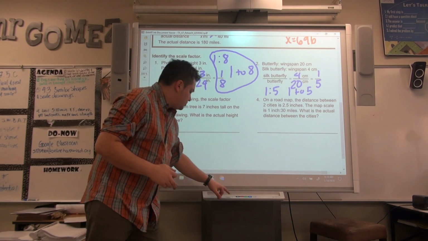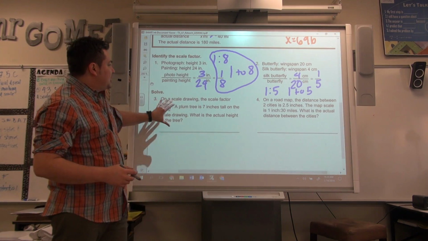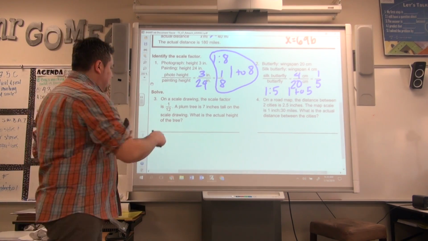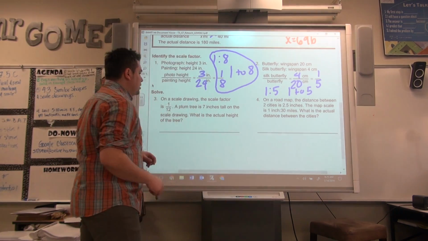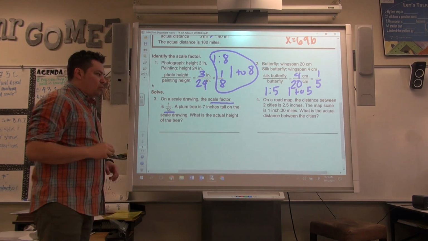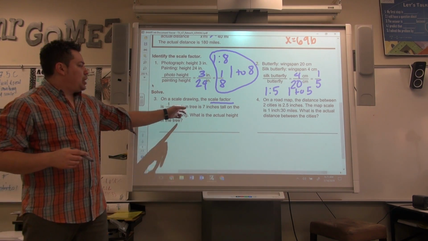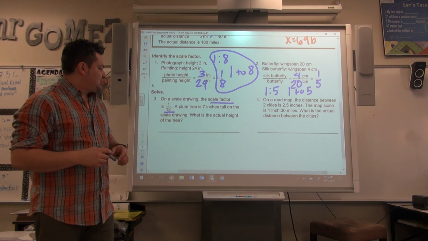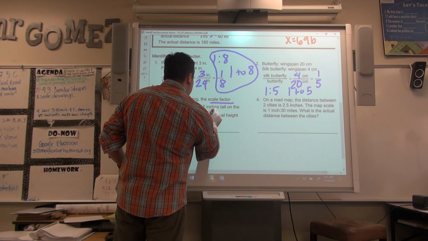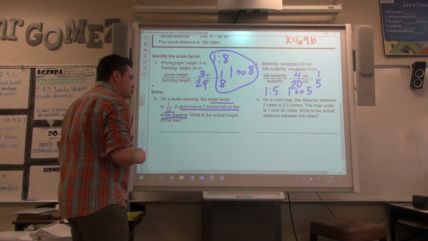Now 2 more. We don't have anything set up for us. We're going to have to set it up ourselves. It says, on a scale drawing, the scale factor is 1 to 12, keywords. A plum tree is 7 inches tall on the scale drawing.